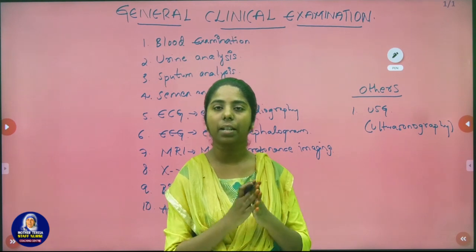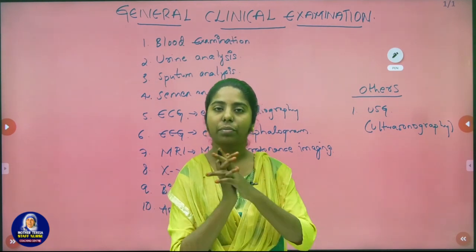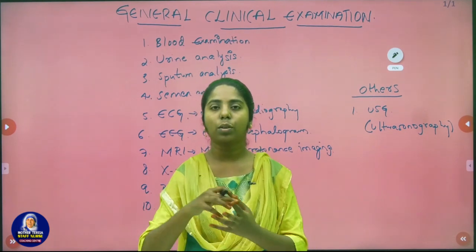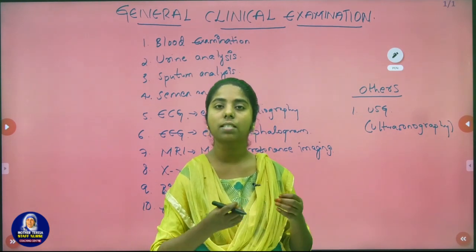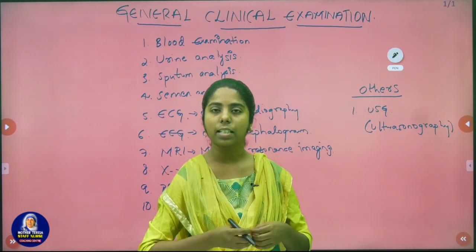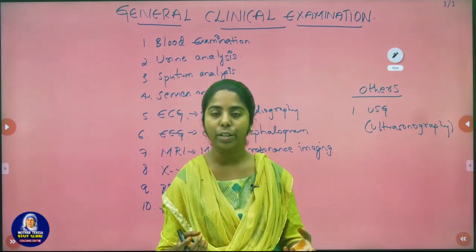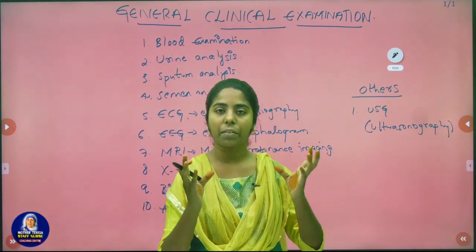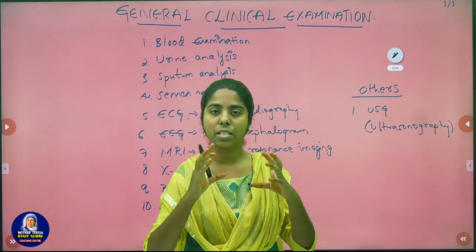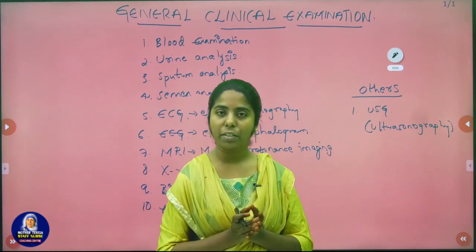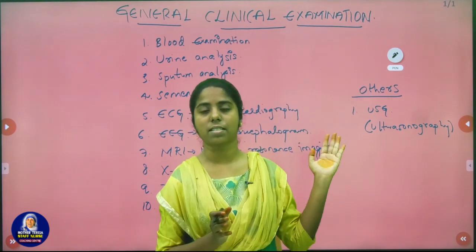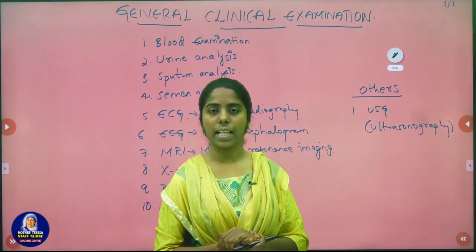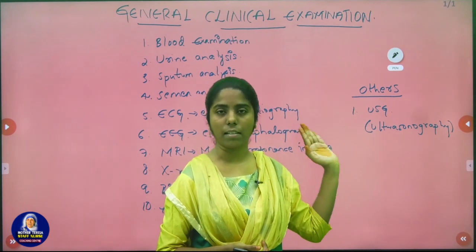For example, ultrasonography of pregnant women: what can we rule out? The growth of the baby, the movements, the amniotic fluid, the uterine cavity, and the fetus growing in the amniotic cavity or uterine cavity. That is something about USG in general.